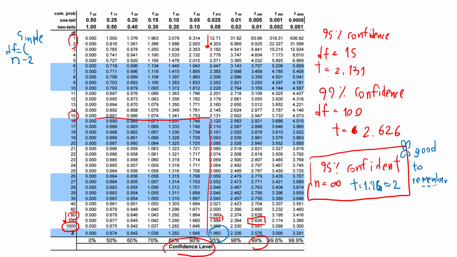In any test in the future, when we say 95% confident, we will see the t value around 2. And this will help us to not have to open the table again and again in the future. Okay, just 95% again, 1.96, or around 2.